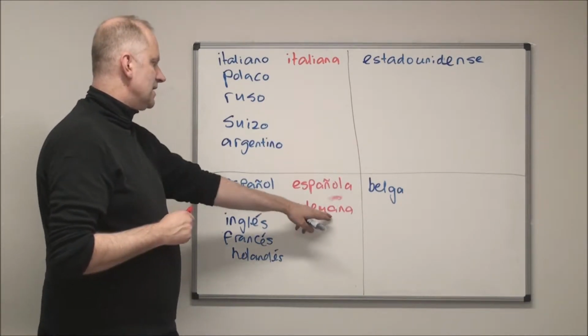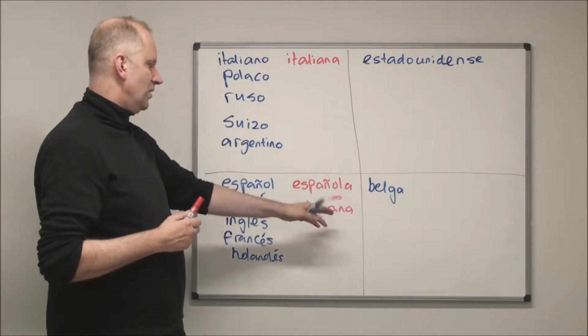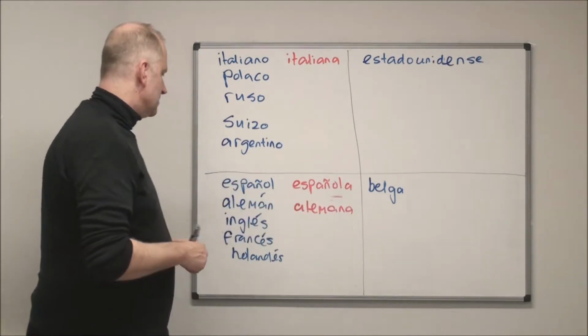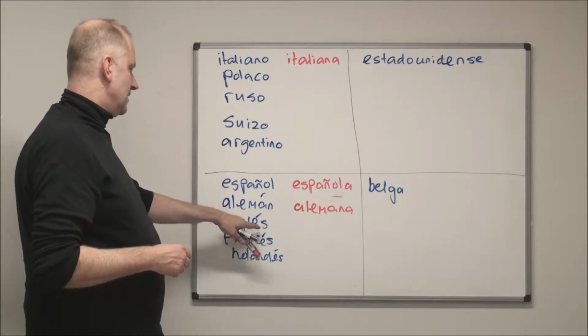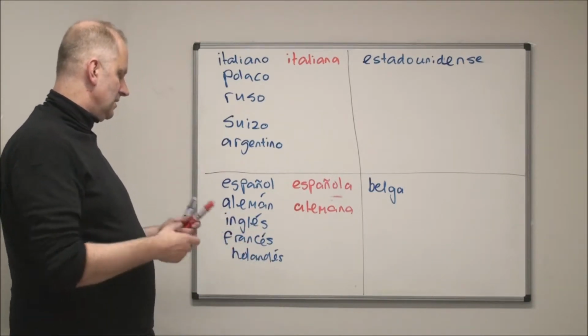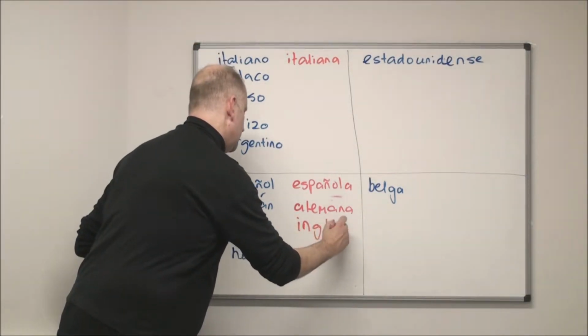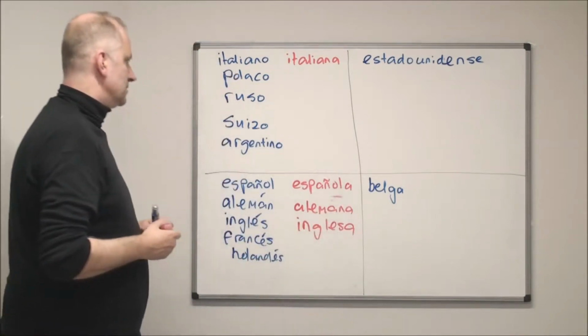It's not a mistake. You might think, why is there an accent on this A but not on this one? It just doesn't have one. It's the same with all the ones which end in S, like Inglés, Francés, Holandés, Irlandés. In the female, when you say Inglesa, you remove the accent.